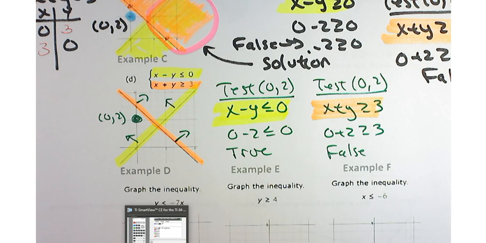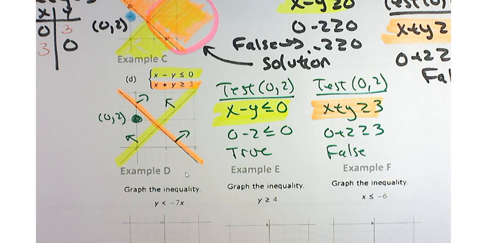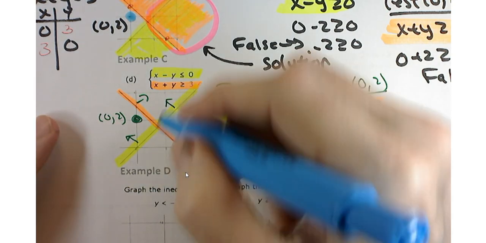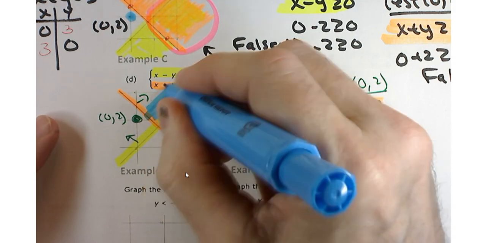So just give me the shaded part. All right. So where is it they're going to overlap? The part where the arrows are pointing towards each other. Right up here at the top.